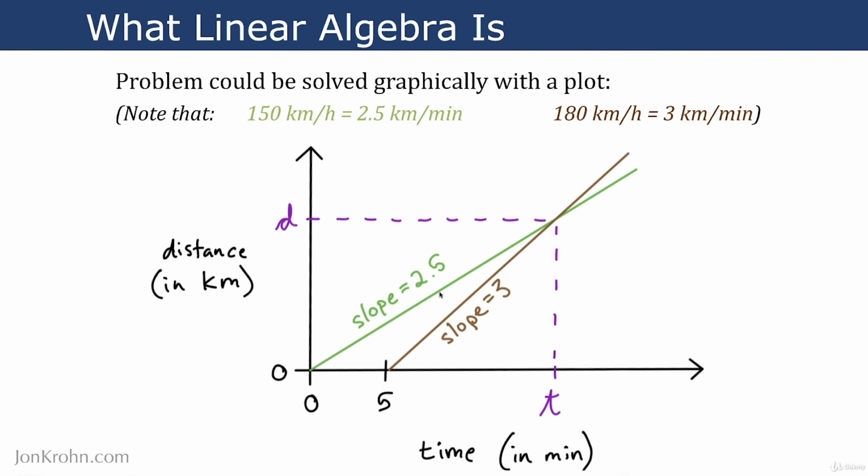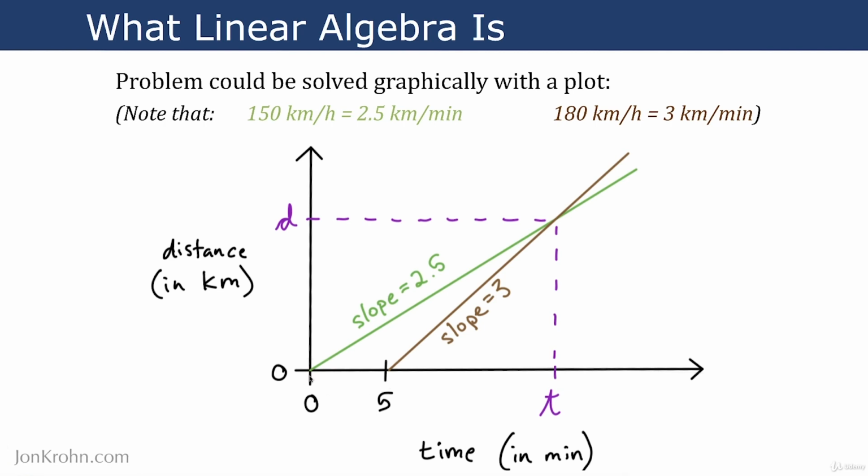You can see here there's a green line corresponding to our bank robber going 2.5 kilometers per minute. So that's a particular slope. And our sheriff is traveling at a faster speed, so has more slope, a slope of 3 instead of 2.5, corresponding to 3 kilometers per minute instead of 2.5 kilometers per minute.